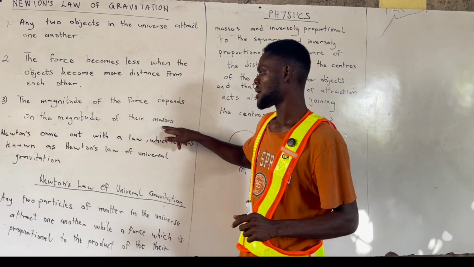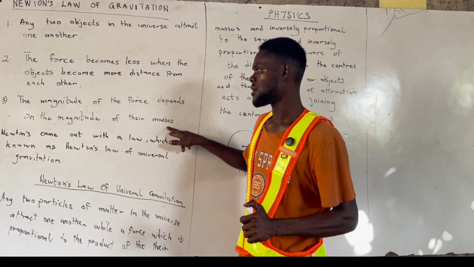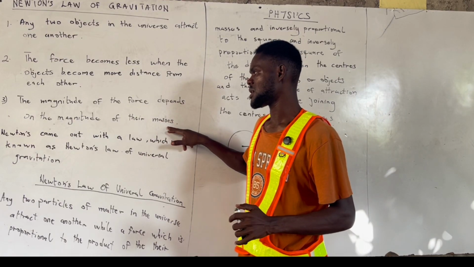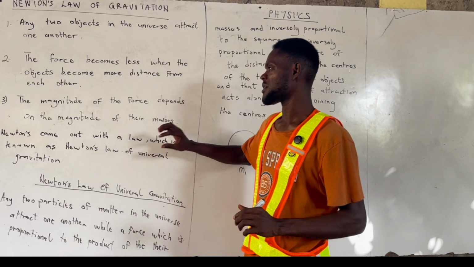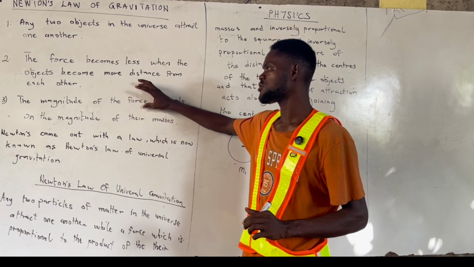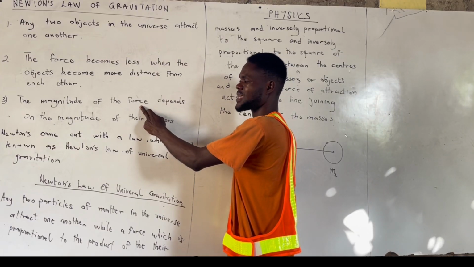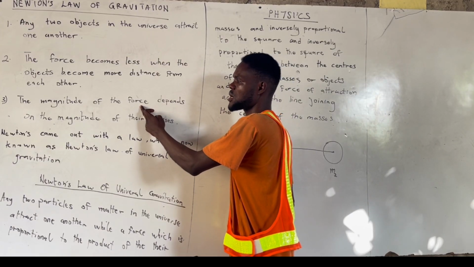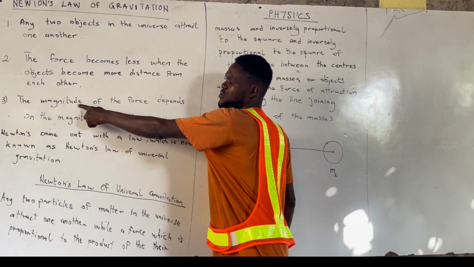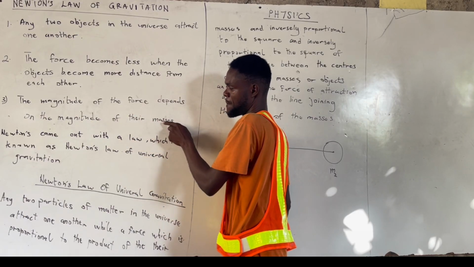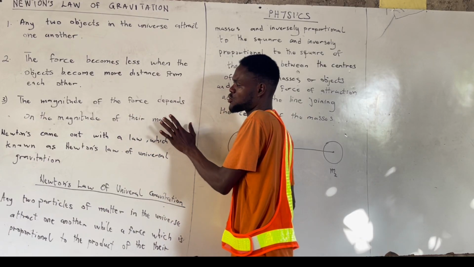Force is a vector, a quantity which has both magnitude and direction, while mass is a scalar because it has only magnitude. So you talk about the magnitude part of the force.